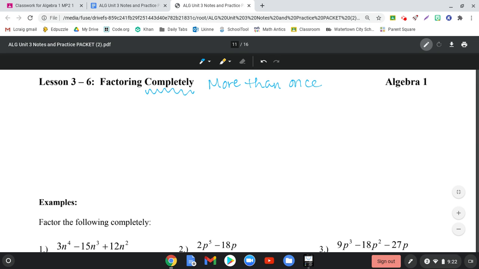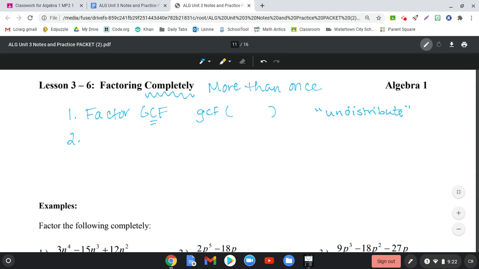You're either going to, and you want to always check for this first, factor GCF. So is there something in common? All right. And that GCF, remember, you bring out front and then you undistribute. So if you see something that all the terms have in common, you want to deal with that first.